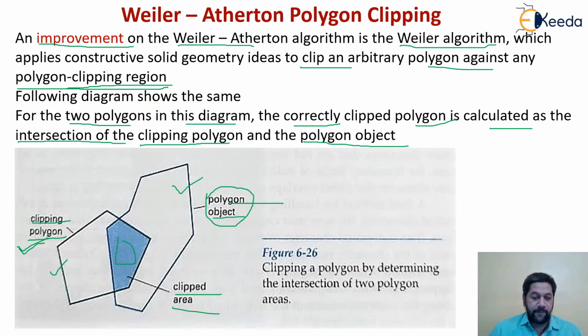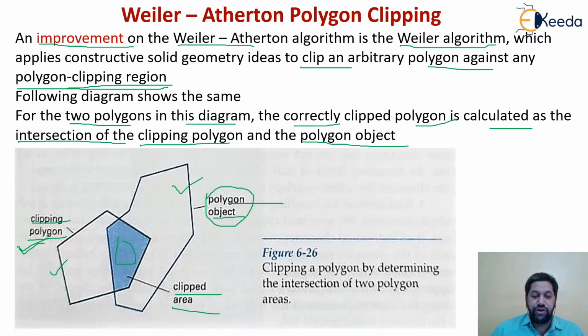The meaning of clipped is that this area is not considered, because it is considered as the clipping window. So the area which comes under the clipping polygon is this particular part.